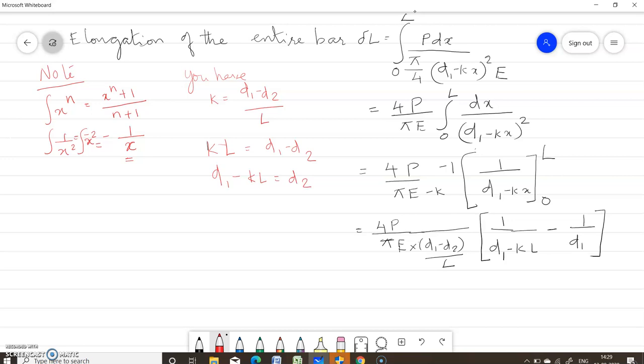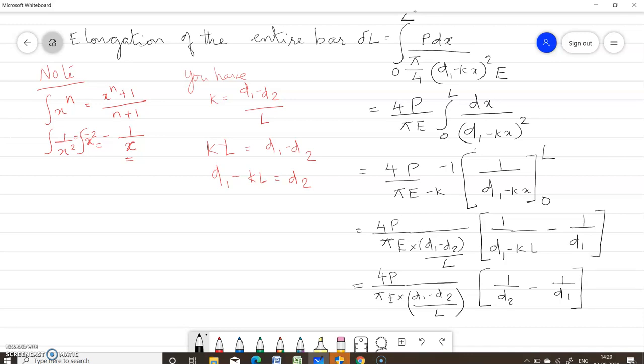So let us substitute this value here. Substituting, you will get 4P by pi E into (d1 minus d2) divided by L into (1 by d2 minus 1 by d1).